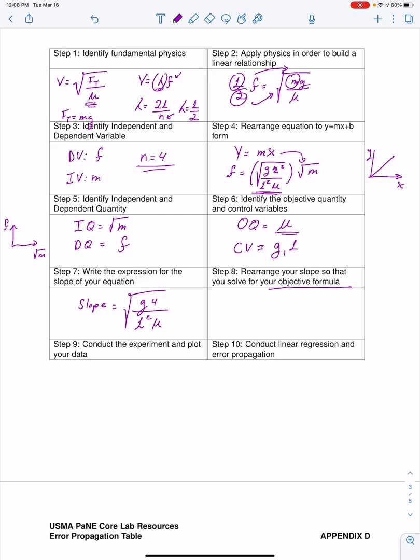So the objective formula is the linear density. So it equals, we take that out, and what we have is acceleration due to gravity times 4 over L squared, slope squared.